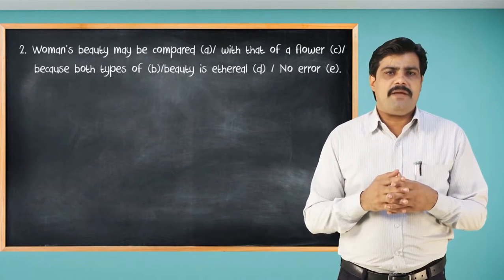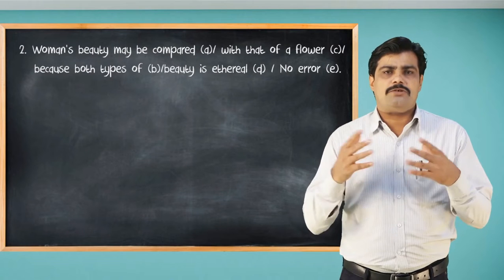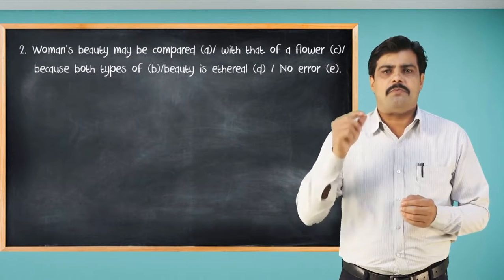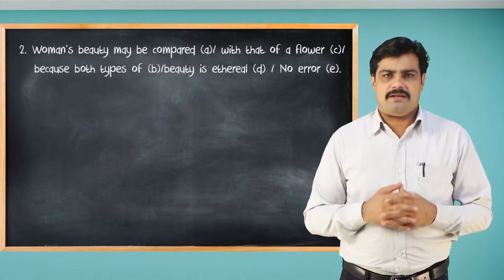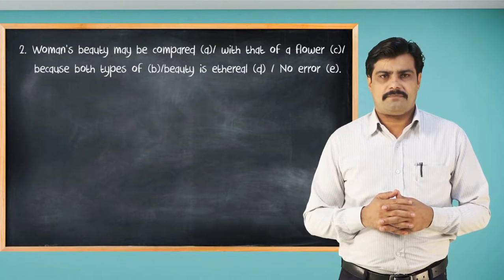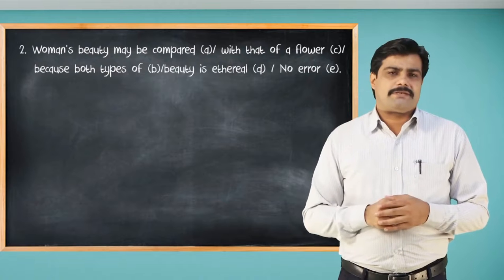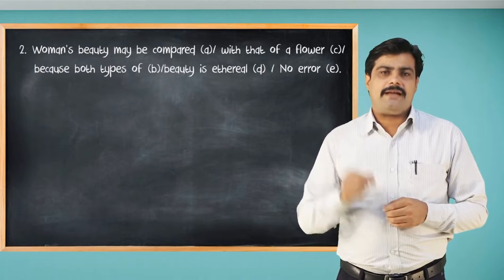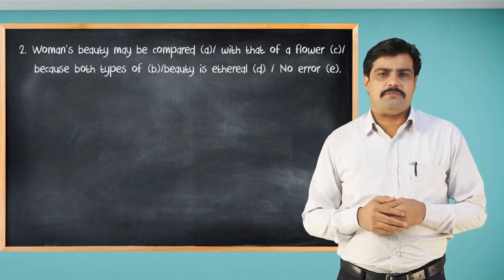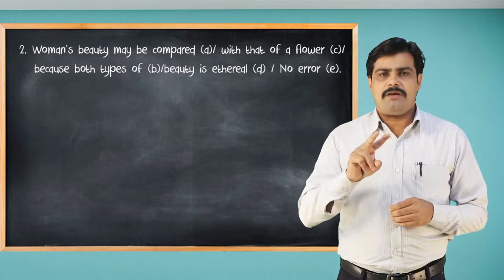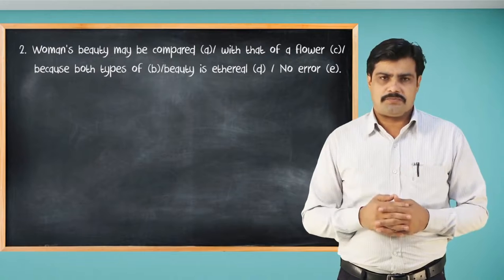Woman's beauty may be compared with that of a flower because both types of beauty is ethereal. Now in the sentence, compare with and compare to. These two words are very much important. Compared with and compared to.